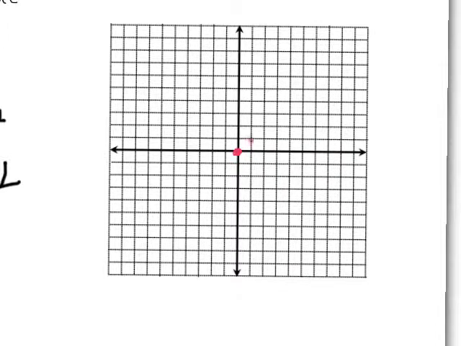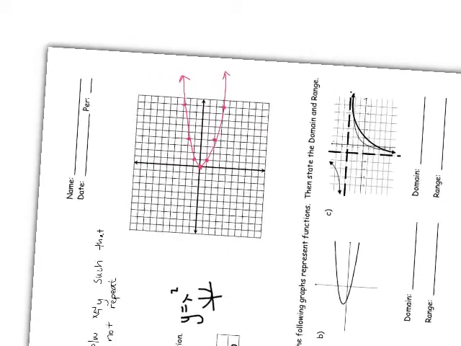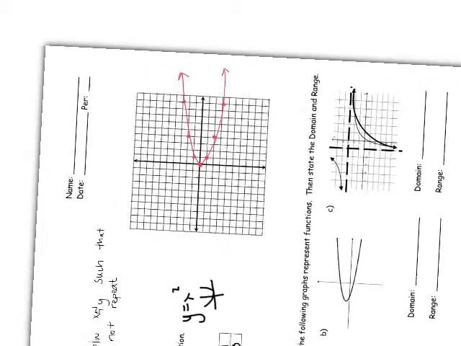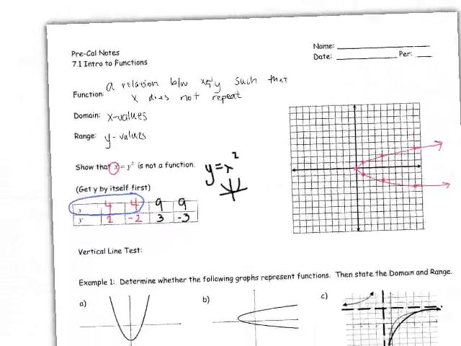So 0, 0; 1, 1 and 1, -1; 4, 2 and 4, -2; 9, 3 and 9, -3. Okay, so it looks just like a parabola that's been turned on its side. That would be the y equals x squared that you're all familiar with, but this is x equals y squared, so we turned it on its side.